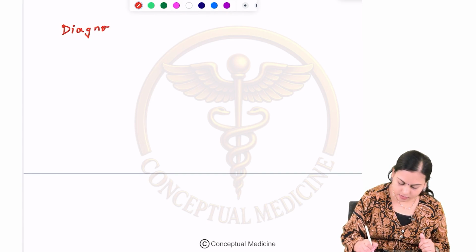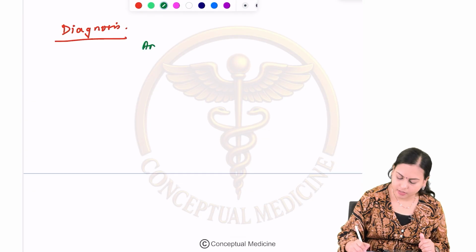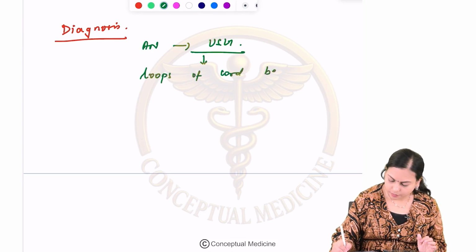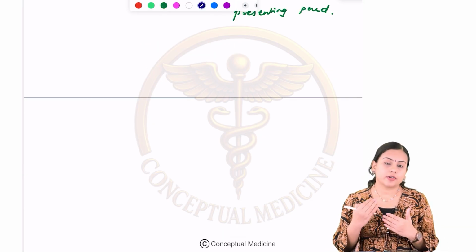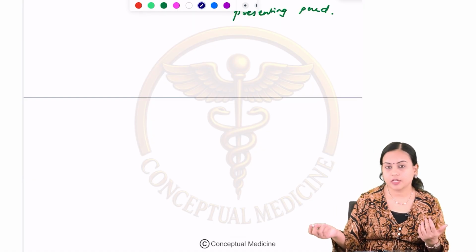So, how will we be doing a diagnosis? Diagnosis can be done in the antenatal period itself by using ultrasonogram. Okay. You will be able to see loops of cord below the presenting part. When the cord is going to get compressed between the fetal head and the maternal pelvis, what is going to happen?